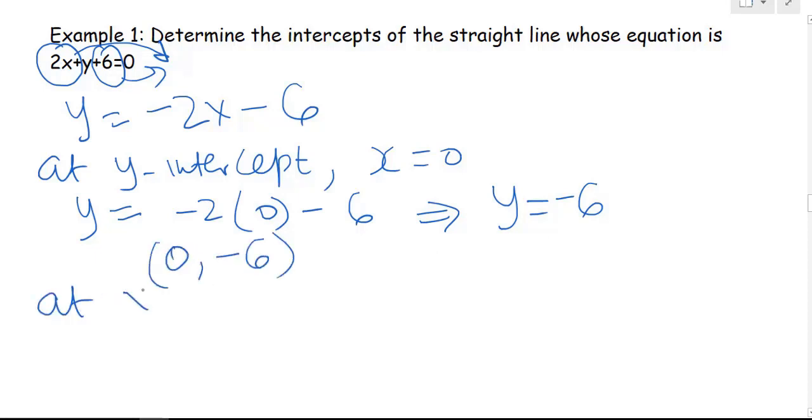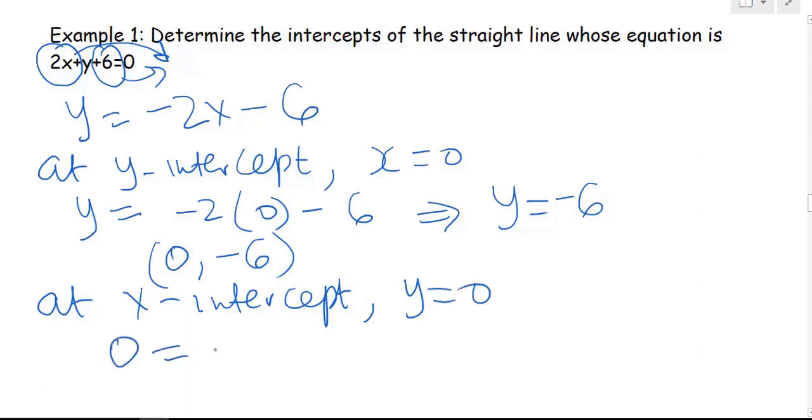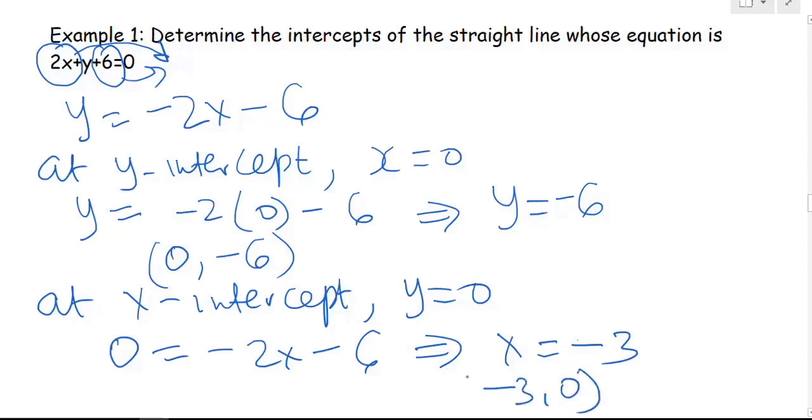At the x-intercept, y equals 0, and therefore 0 equals minus 2x minus 6, and this tells us that x equals minus 3. Therefore, the intercept coordinate is at the point (minus 3, 0).